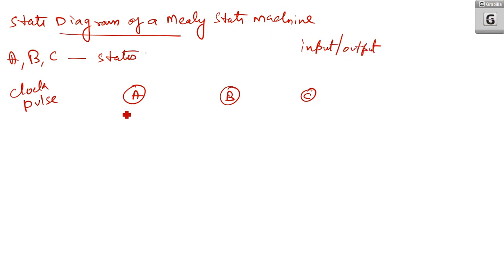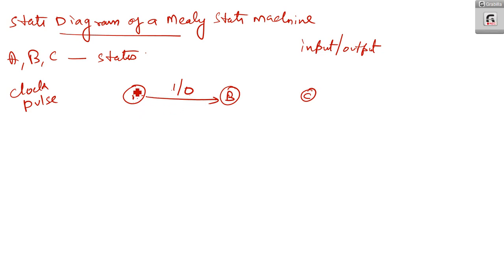Suppose if I am writing from A to B, it is 1 bar 0. That means when the state is A and the input is 1, the output is 0. And if that is the case, it will jump from A to state B.